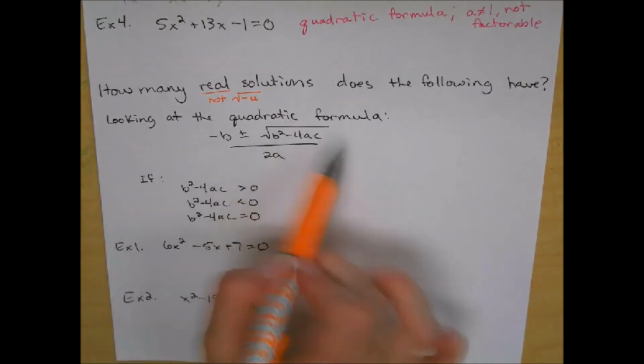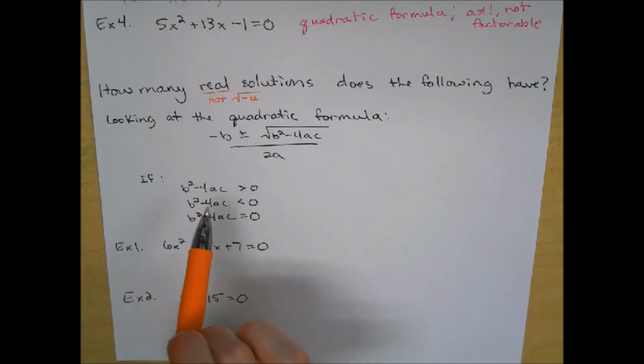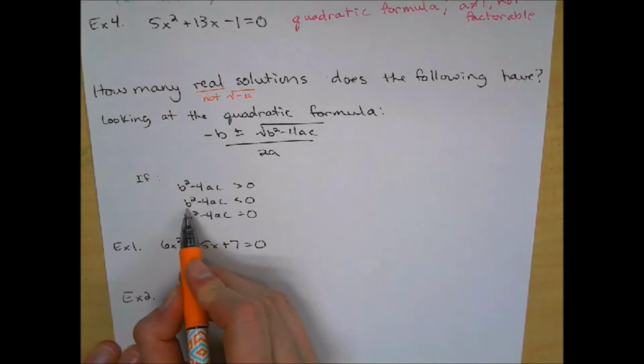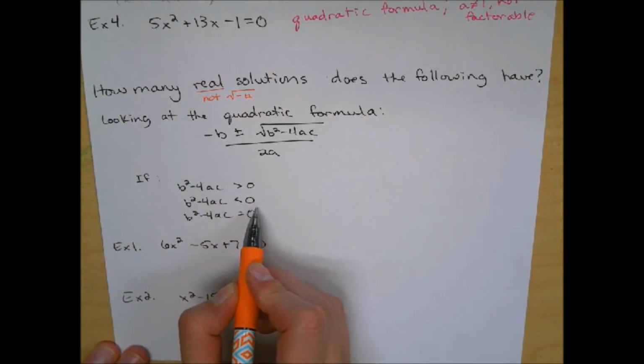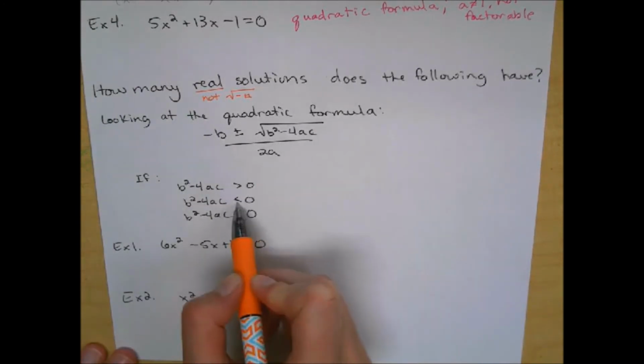If I have the quadratic formula, when would I be taking the square root of a negative? Well, I'd be taking the square root of a negative when, for the second line, b squared minus 4ac is less than 0.